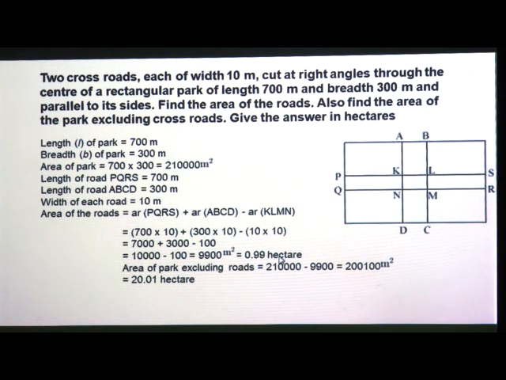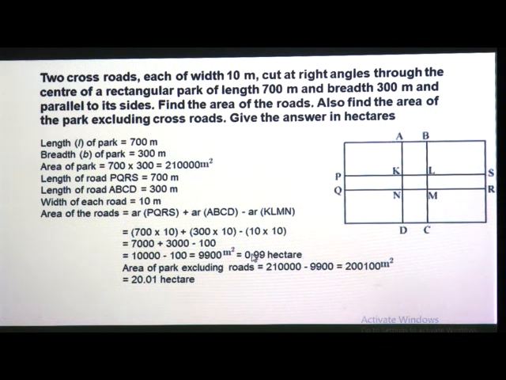You know 1 hectare is equal to 1 upon 10,000 meter square. So, we can write here 9,900 upon 10,000. Giving the decimal, we get the answer 0.99 hectares.